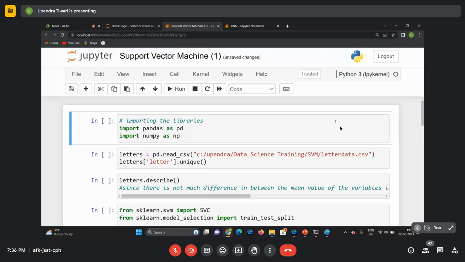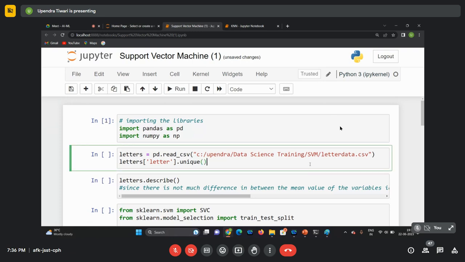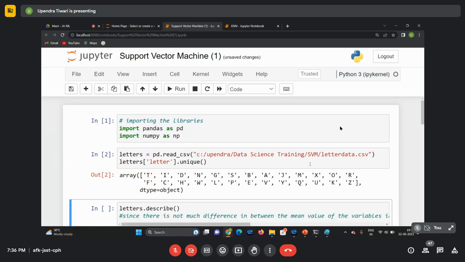Suppose we are just reading this data, which is the letter data. And you see, in this letter data, the letter is the output variable.